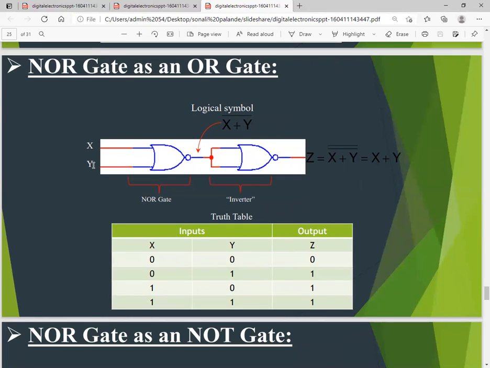If x equals 1 and y equals 0, then z equals 1. And if x and y both are equal to 1, then z equals 1. That is, the output is nothing but the output of the OR gate. And here we use the NOR gate. All this structure we call the NOR gate as an OR gate.